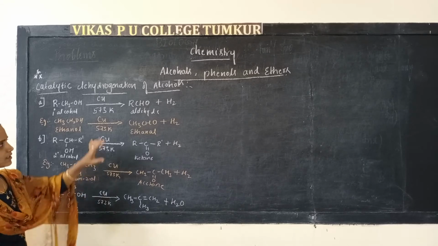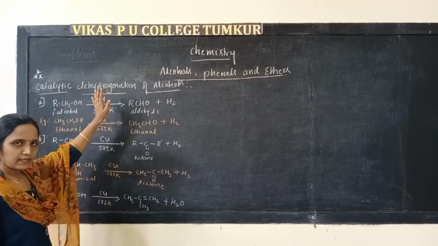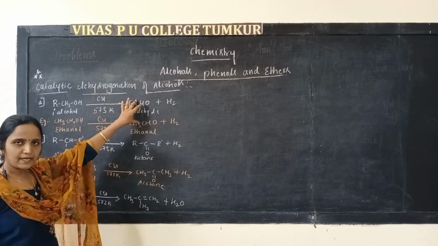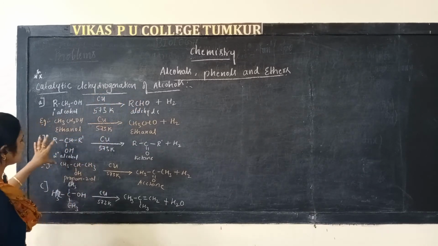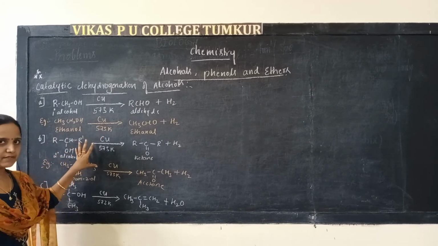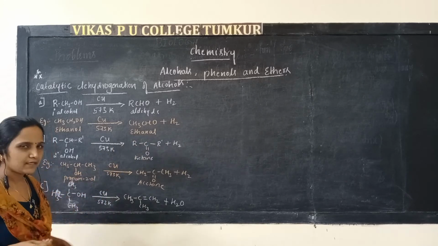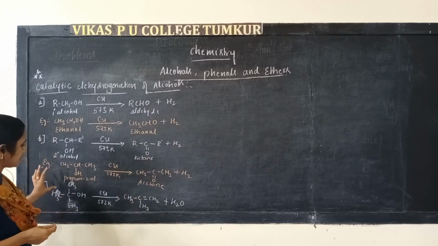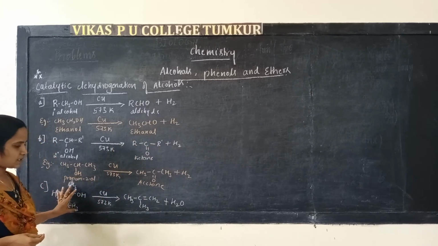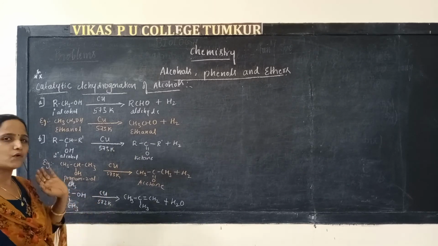Here, vapors of primary alcohol passed through red hot copper give an aldehyde. Vapors of secondary alcohol passed through copper at 573 Kelvin give the ketone by dehydrogenation. But tertiary alcohols passed through copper at 573 Kelvin do not undergo dehydrogenation.